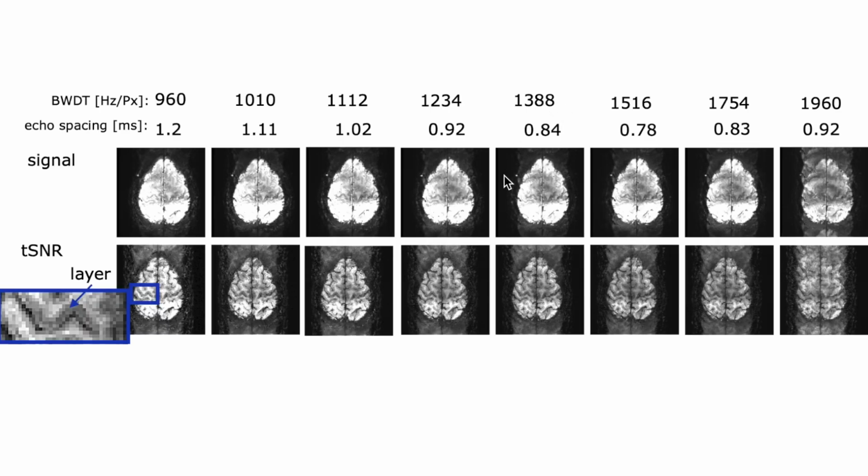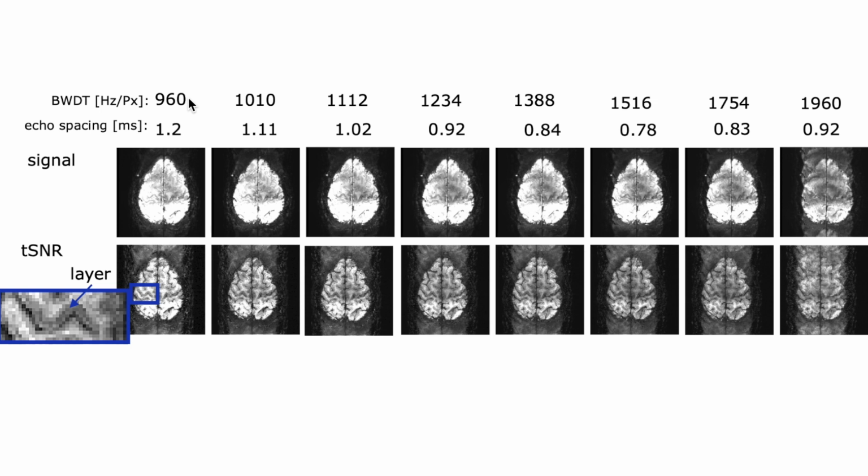Here you can see how the speed of our going back and forth pattern and the gradient waveforms affect the EPI signal. And I would like to point your attention specifically to the second row here, which refers to the tSNR of an example dataset that's also uploaded to OpenNeuro that you can browse for different bandwidths.